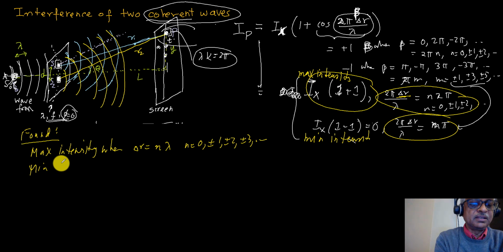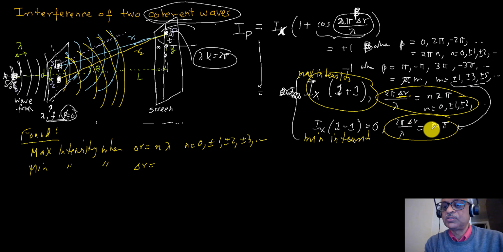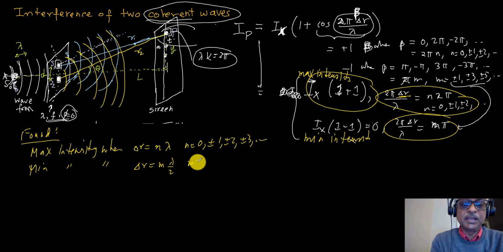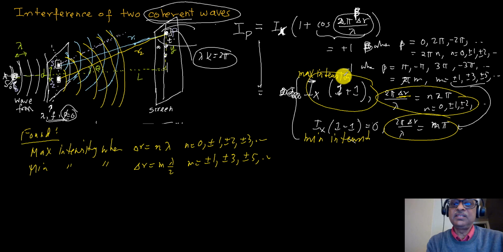Min intensity when delta R equals, when you solve this, m times lambda over 2, but m has to be all odd numbers, plus minus 3, plus minus 5, etc. So the max intensity, if you're using a light wave, is where you will get constructive interference.